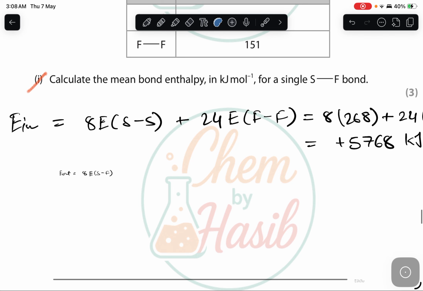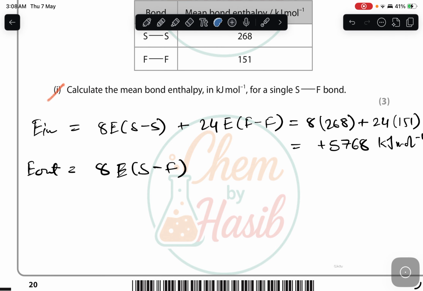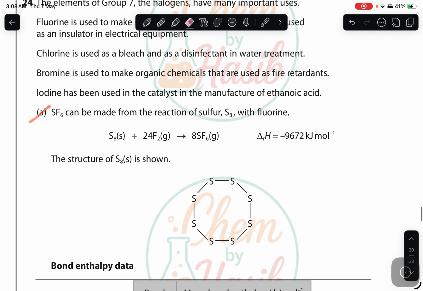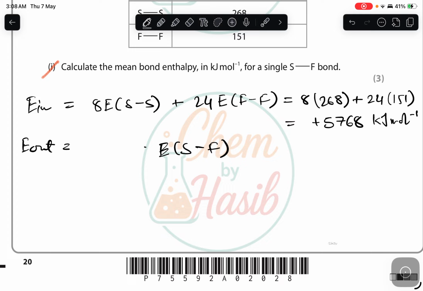I think I've written this wrong here. Let me correct it. E out will be equal to 6 SF bonds in one molecule. We have 8 moles of SF6, so this would be multiplied by 6 multiplied by 8.